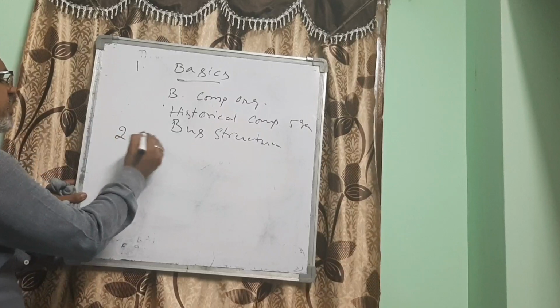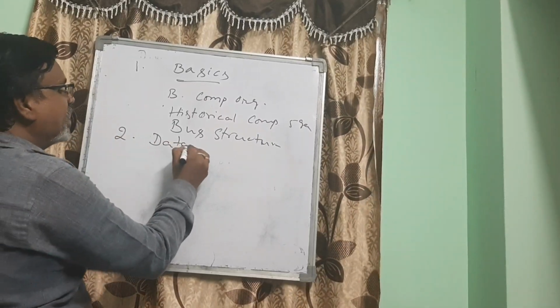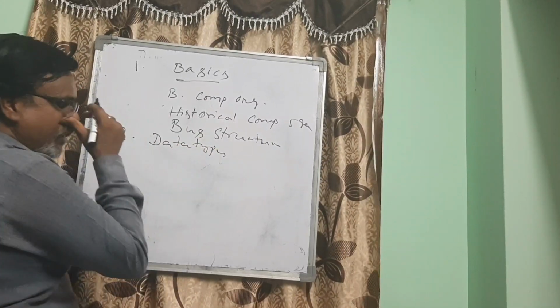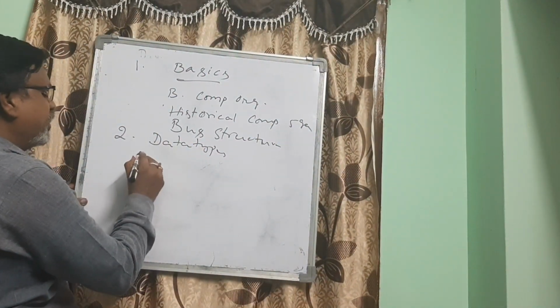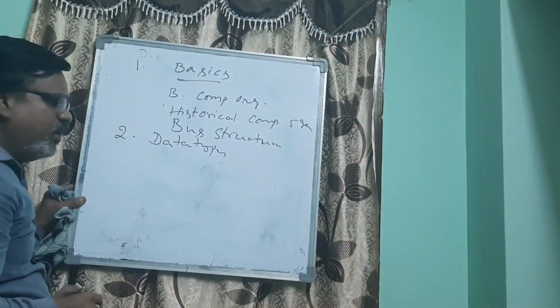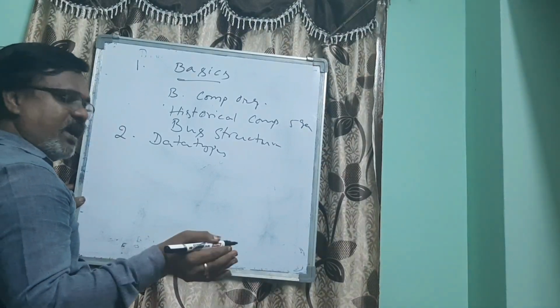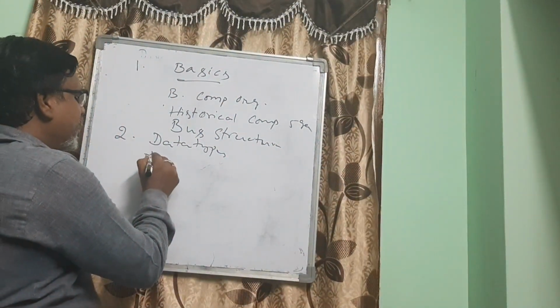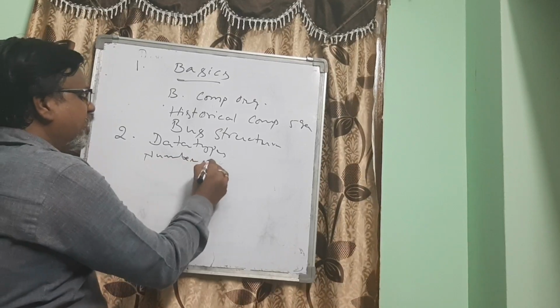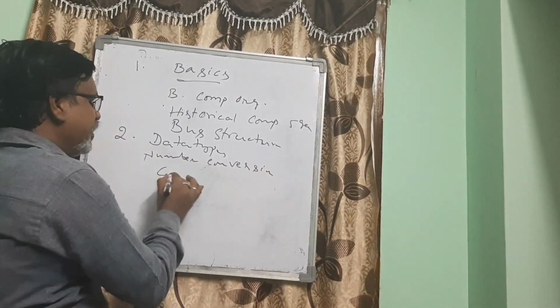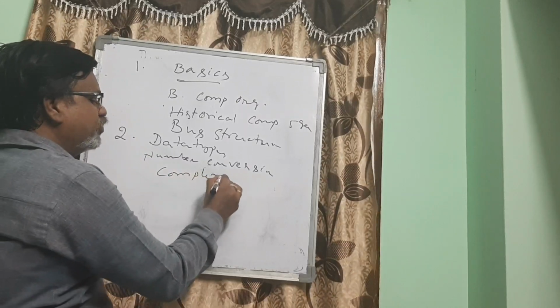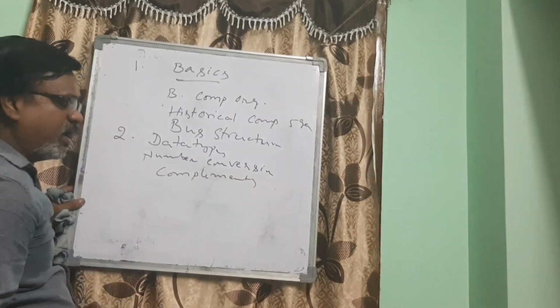When you come to the second part, we discussed data types, like base 2, base 10, octal, hexadecimal, and number conversion from one base to another base, and complements, addition and subtraction using the complements method.